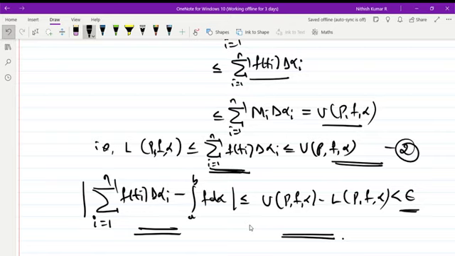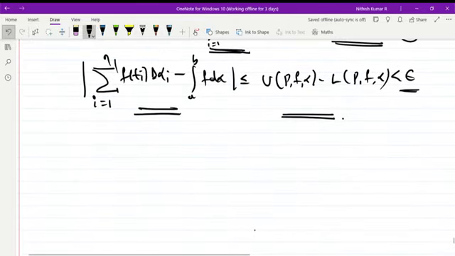Okay, so let's see one more result. It's a small, but beautiful and interesting result. So this is the theorem.